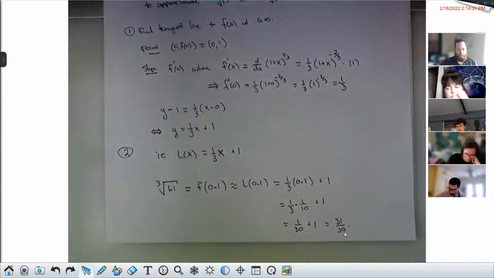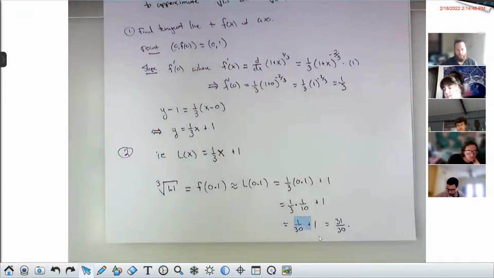You could carry out the long division. You're going to get a repeating decimal there, and that's okay. But the idea is that this tells you about how far off the cube root of 1.1 is from the cube root of 1. One of the ways you can interpret this answer, especially when written in this form, is that this guy right here is the cube root of 1. Cube root of 1 is 1.